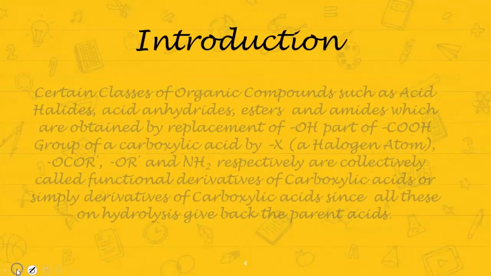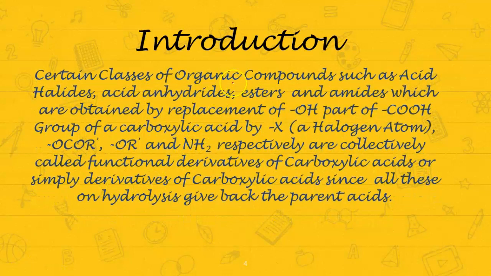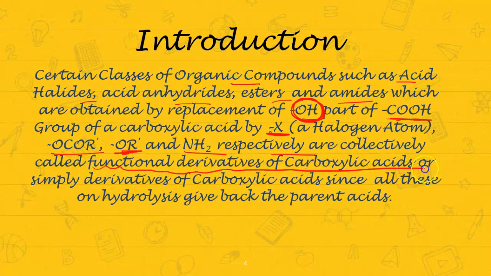All right. So certain classes of organic compounds such as acid halides, acid anhydrides, esters and amides, which are obtained by the replacement of the OH part of the carboxylic acid by X, any of the halogen atoms, by OCOR, by OR dash and by NH2 respectively, are known as the functional derivatives of carboxylic acid.